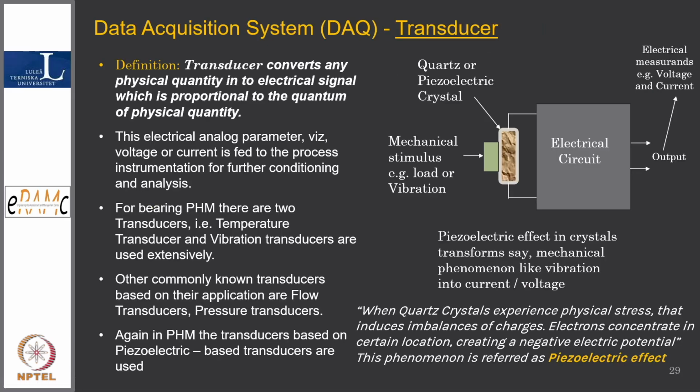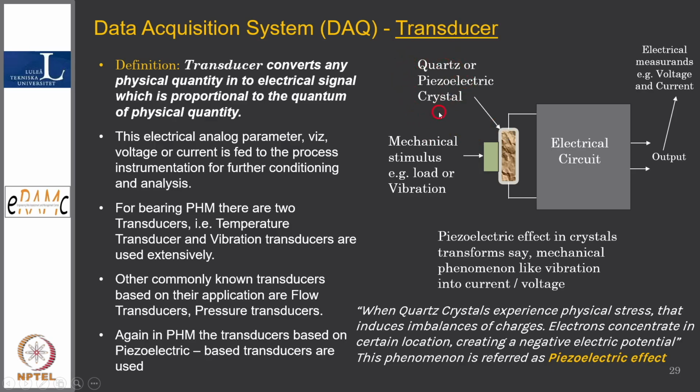Now the first item, if we leave the sensor, was the transducer. So under the head of data acquisition system, we are discussing what a transducer is. We know that it takes any mechanical signal or pneumatic signal, and it provides an electrical signal. So what we have here is a piezoelectric crystal.